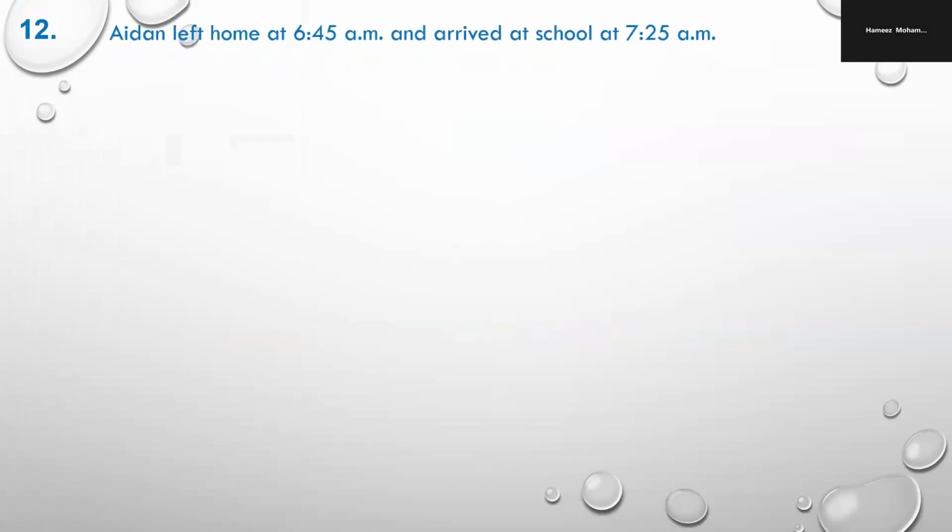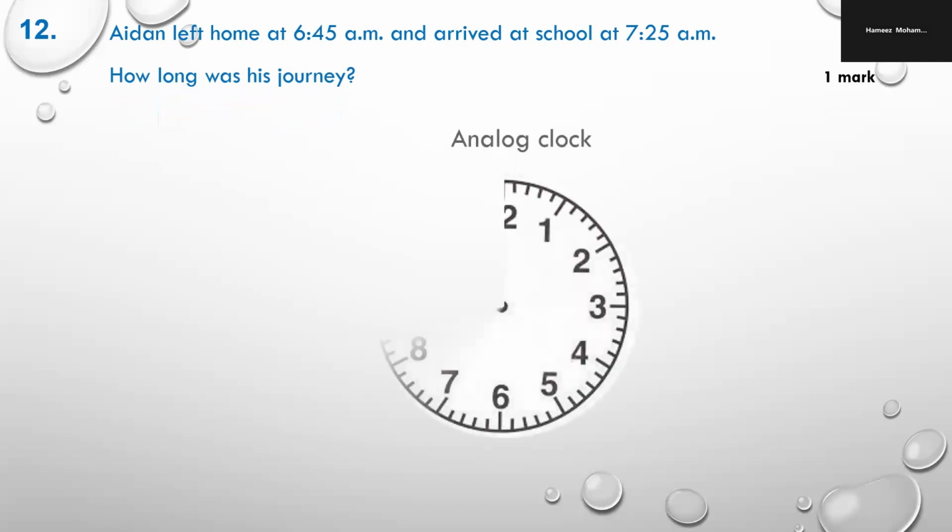Let's move on to the second question in the strand, number 12. This time the question says, Aiden left home at 6:45 a.m. and arrived at school at 7:25 a.m. How long was his journey? So there are many different ways to do this. Let me bring up an analog clock.